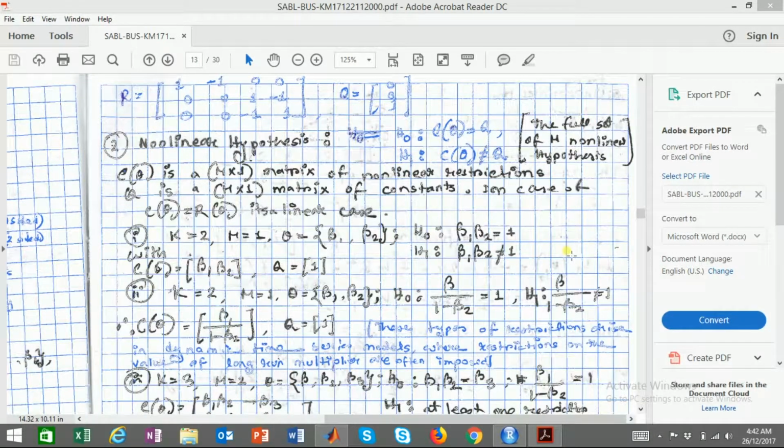The only difference with this from the previous equation is the last term, where beta 1 equals 1 plus beta 3 minus beta 4. So basically what we are doing here is that beta 3 minus beta 4 is beta 2 equals beta 3.